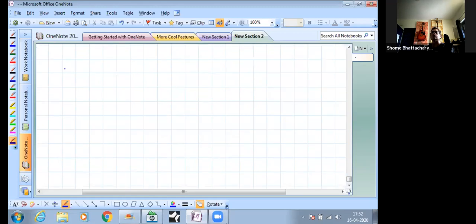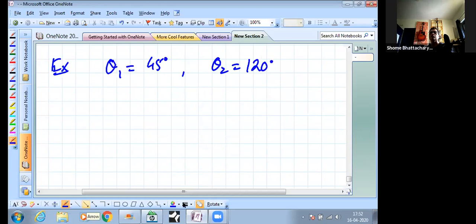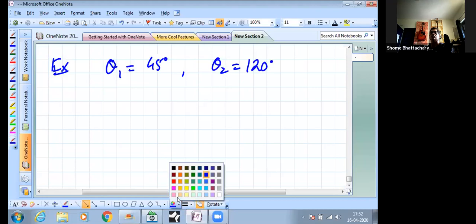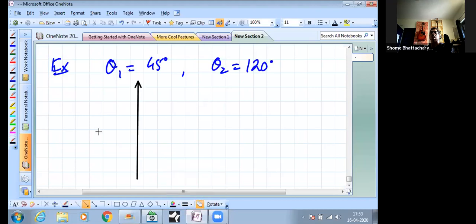So for example, if I say theta 1 is equal to 45 degrees and I say theta 2 is equal to 120 degrees, then in context of my new interpretation, this is how it will look. Something which I have rotated by the angle theta 1, which is 45 degrees, will now lie over here.